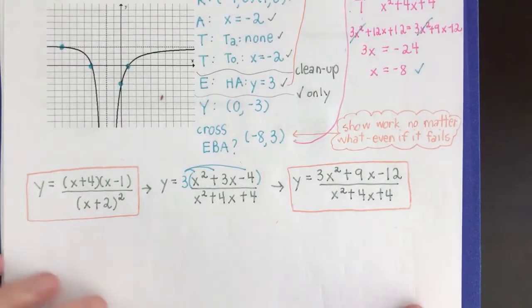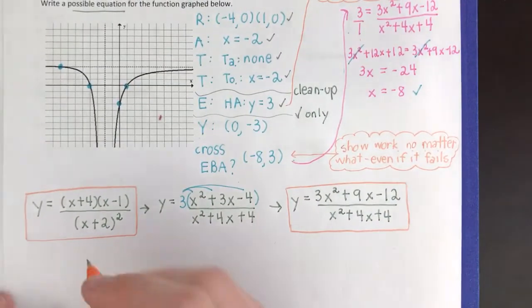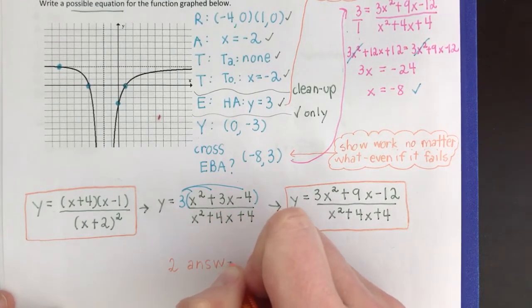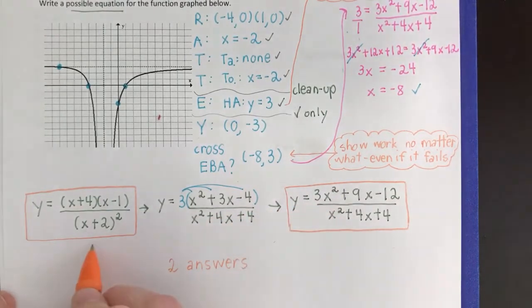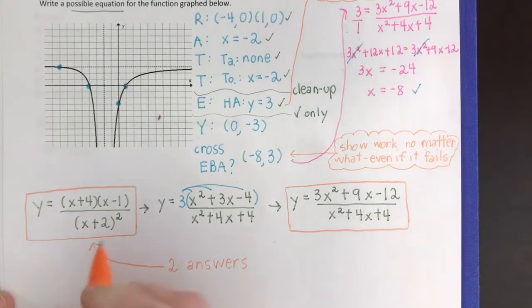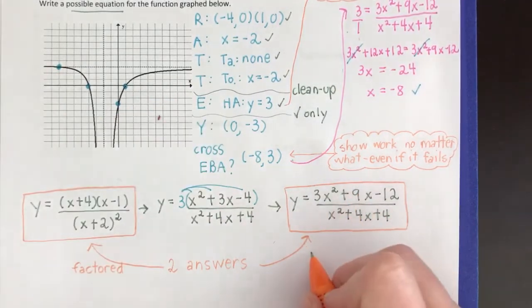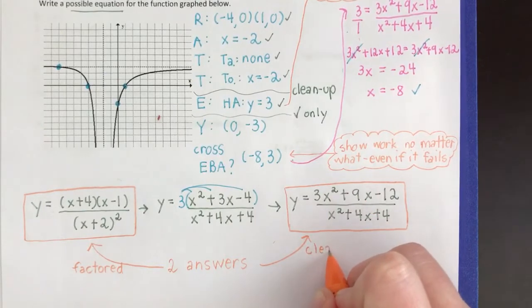Last thing here is you have two answers. The factored version, and then I guess we can call this clean. I don't know, clean is in the eye of the beholder, right?